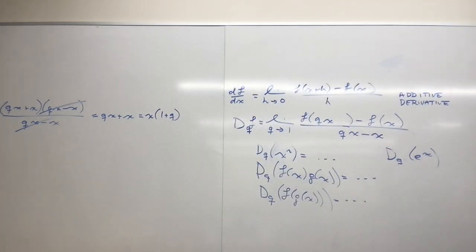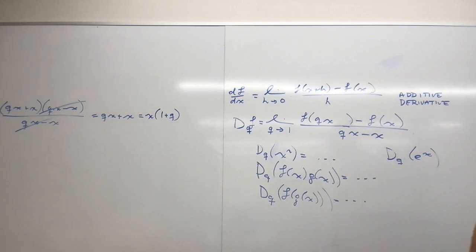So you should find that as q approaches 1, you get the standard derivative. But it lets you leave q as q. So it's not always 1, but could be 1.